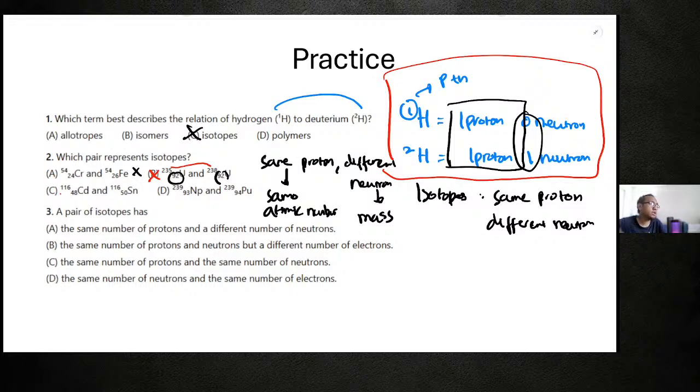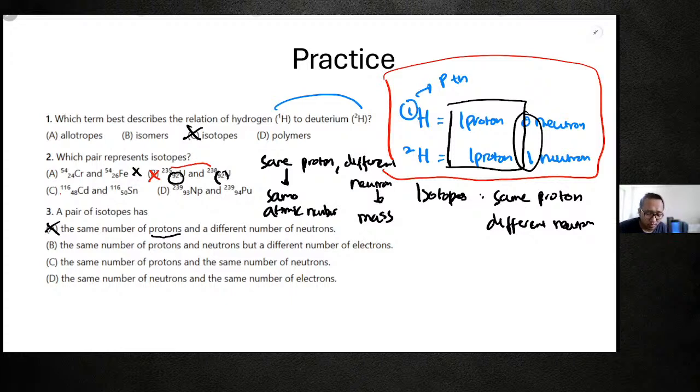Let's go through another question. A pair of isotopes has the same number of protons, that's true, and a different number of neutrons, that's true, so it's correct.